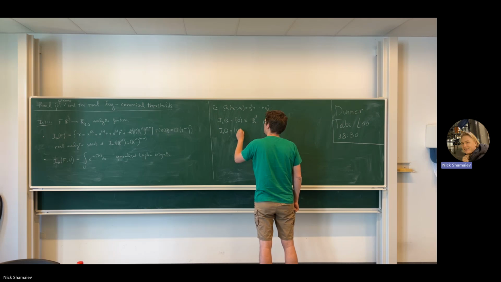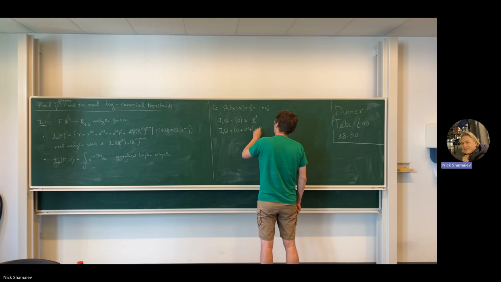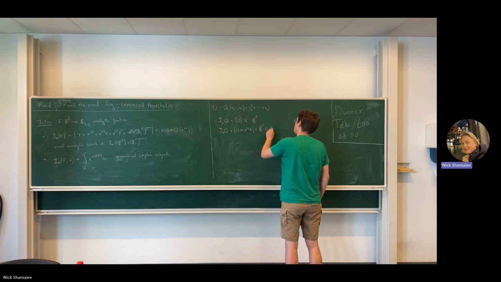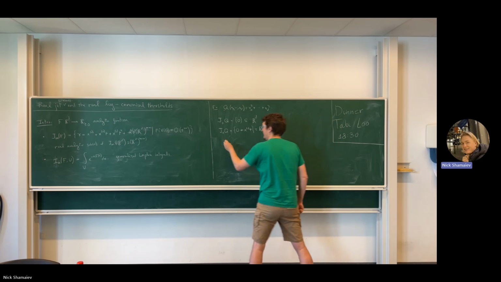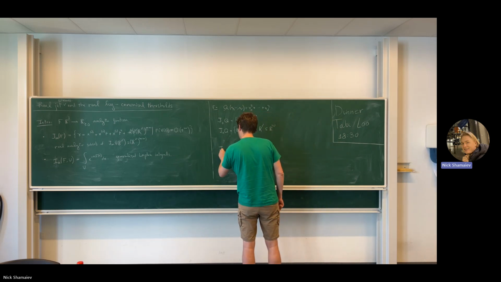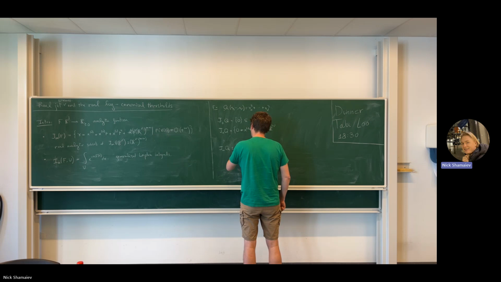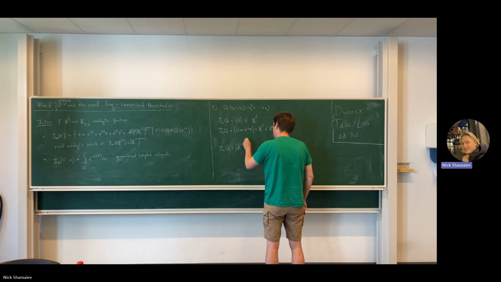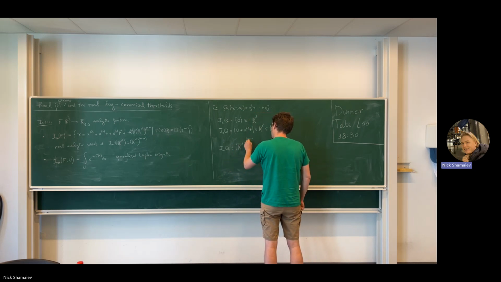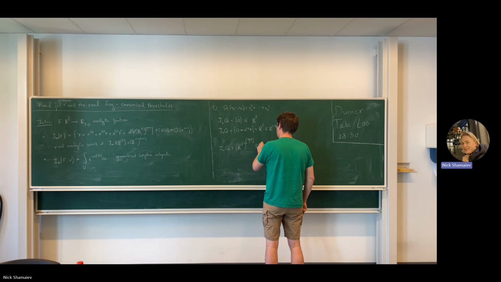So this is isomorphic to R^d inside of R^{2d}, and then I leave it as an exercise to check that J_m is going to be R^{d(m+1)/2} inside of R^{d(m+1)}.